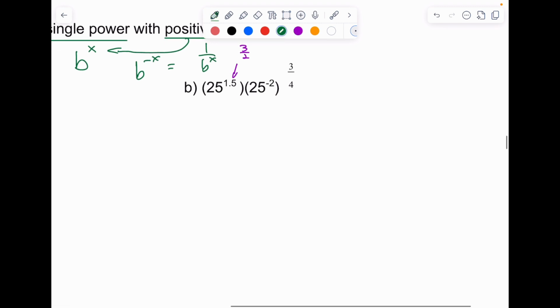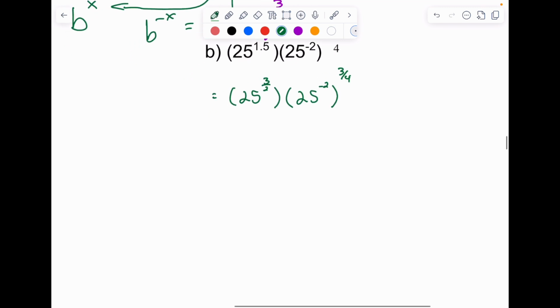So in that first bracket there, we have 25 to the 3 over 2, and that is being multiplied by 25 to the negative 2, and that is being put to the power of 3 over 4. Okay, so we have a power to a power. So deal with that. This is 25 to the 3 over 2, and then that bracket is 25, negative 2 times 3/4.